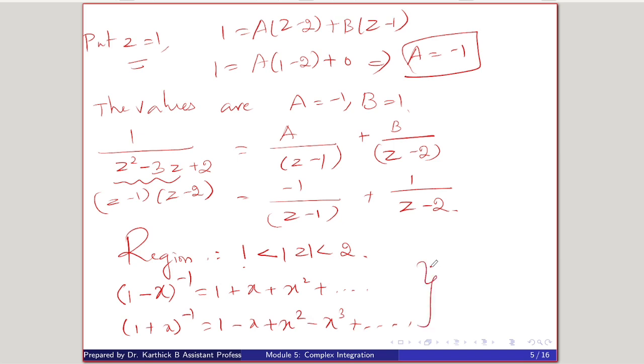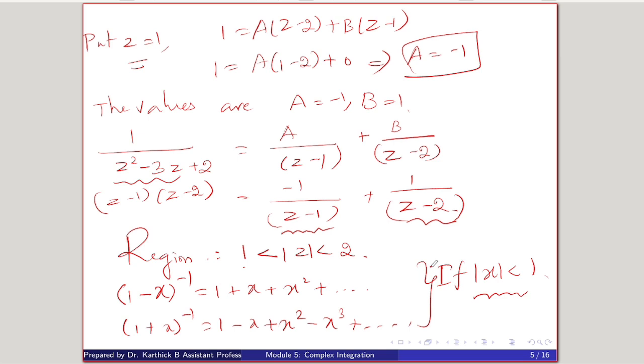This can be written only if mod x is less than 1. So now we want to express these two terms as a series by using this binomial formula. To use the binomial formula, we want to check whether it is x in terms of z.